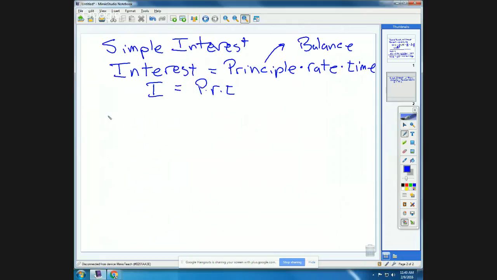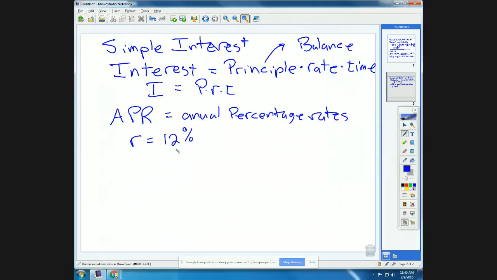Often, rates are given as annual percentage rates, meaning the rate applies to the whole year. So if somebody gave me a rate, an APR of 12%, then the monthly rate would be 12% split into 12 months, or 1% per month.